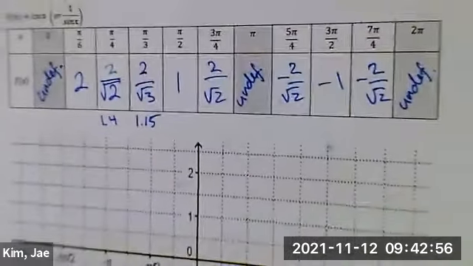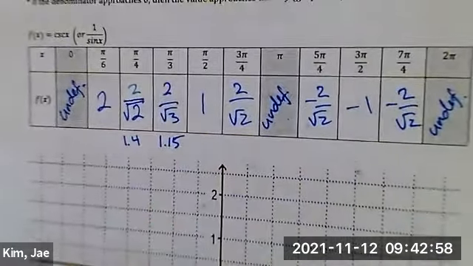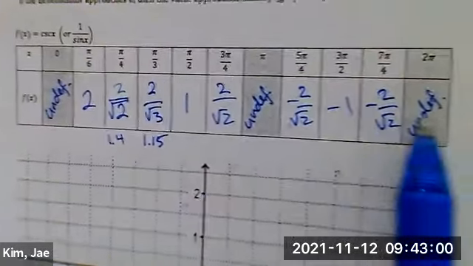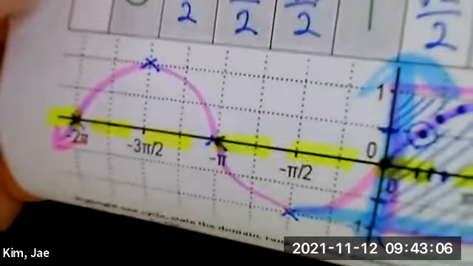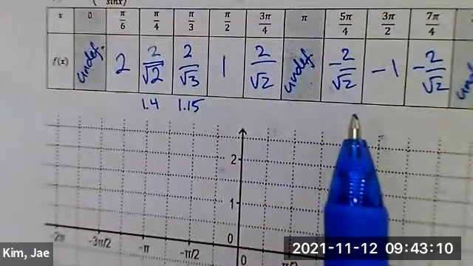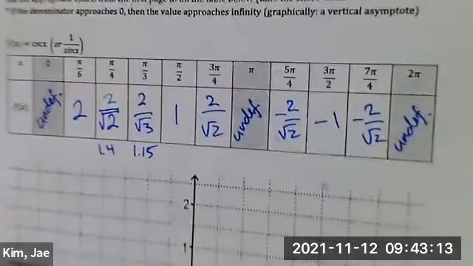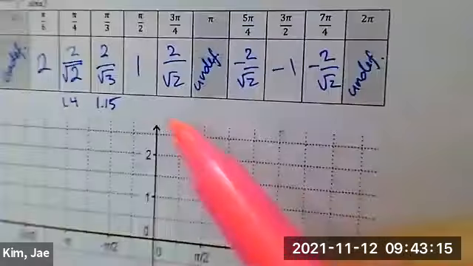Here we go. I am going to draw a vertical asymptote at 0, pi, 2 pi. And seeing as how the sine function repeats on the left side, where else do you think you will see a vertical asymptote? Think about it. I'm going to use pink.